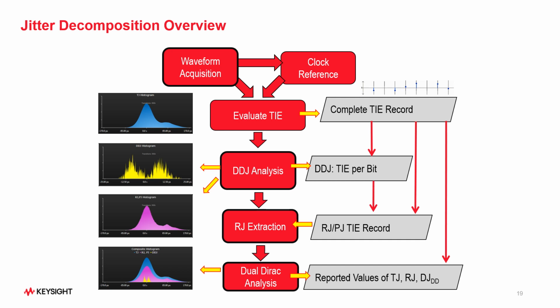Once the TIE is computed, one does further analysis with it. The first step is to do the data dependent jitter analysis. Then all the data dependent jitter is removed from the TIE, and what is left is the RJ and PJ TIE record. The next step is to extract the RJ from the RJ and PJ TIE record, so that one can separate what component is random and what component is periodic.